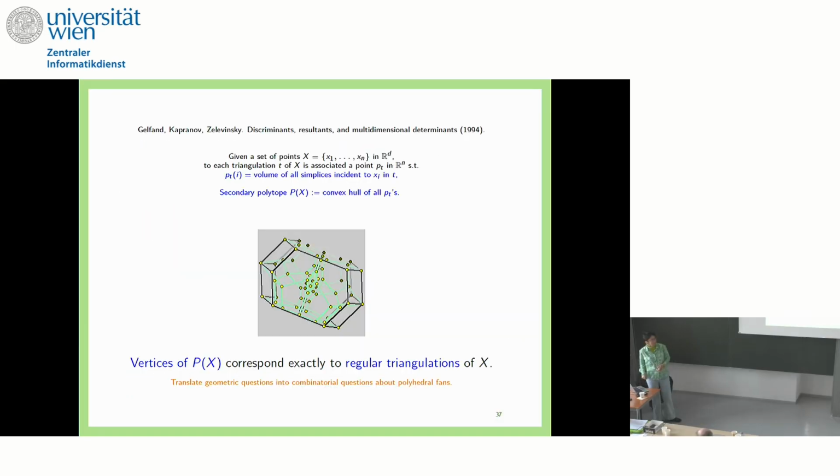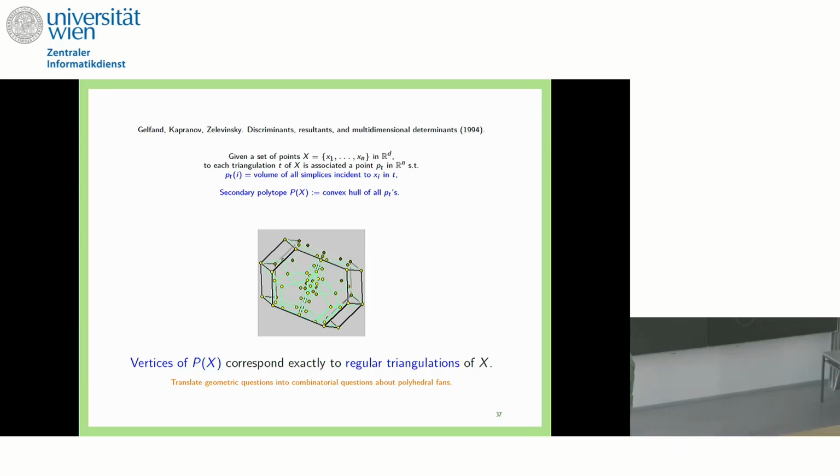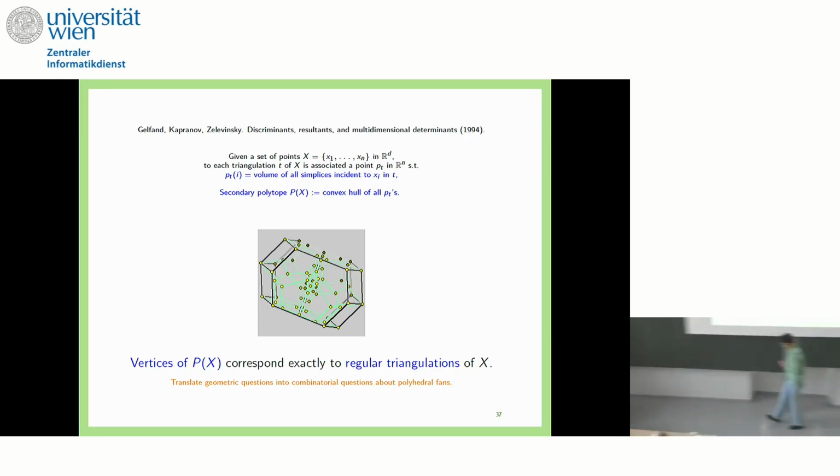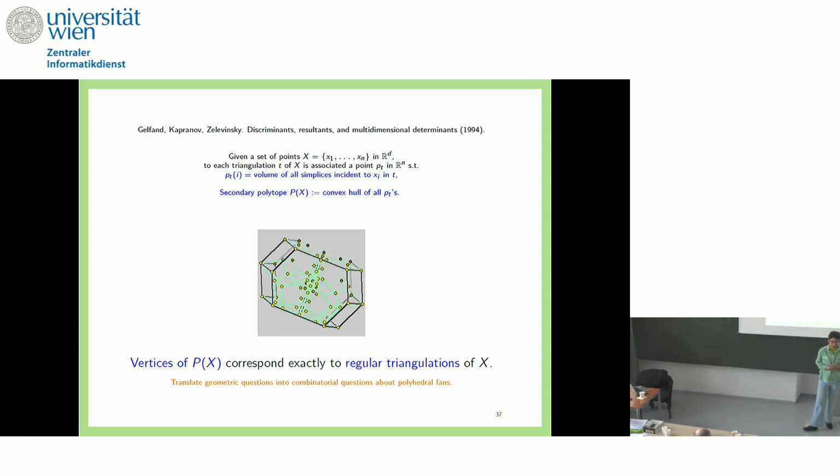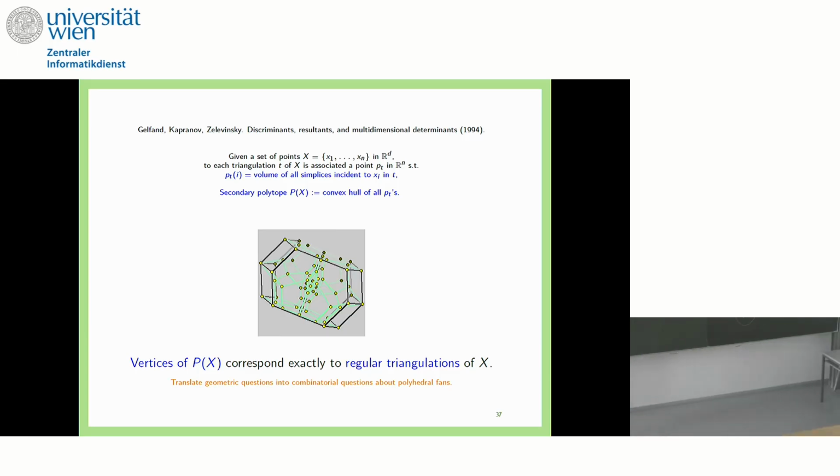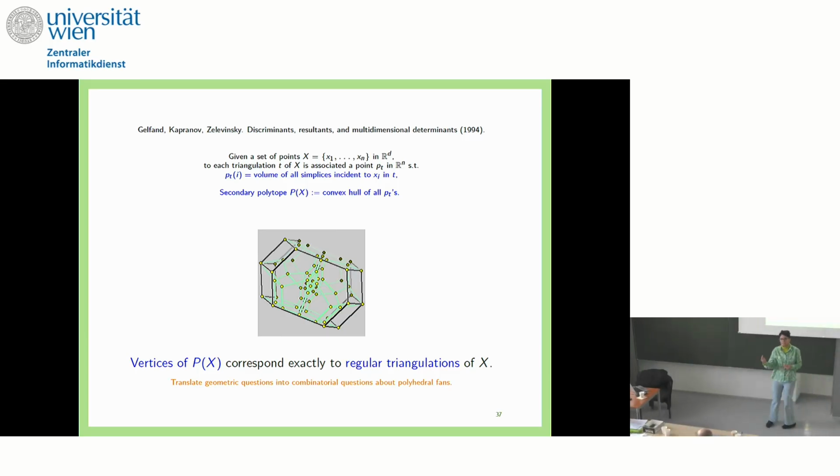First of all, there is an interesting mathematical property that is known and not yet perfectly used in our community, but I will mention it. It's the notion of a secondary polytope. When you consider this set of n points in R^d, you can associate to each point, for a given triangulation, the volume of its incident simplices.